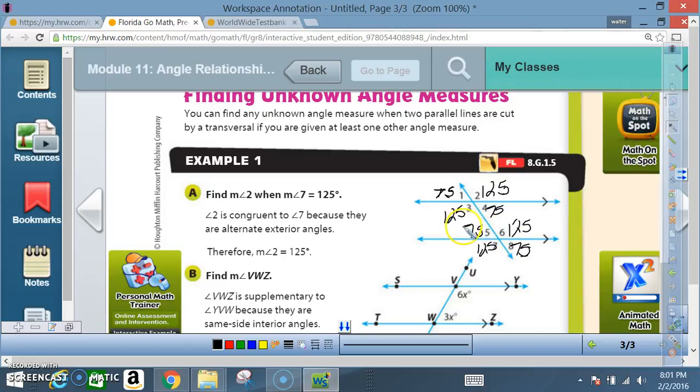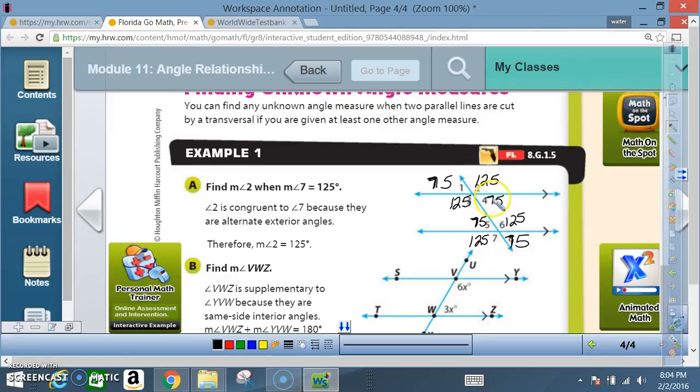Vertical angles. And then you look here, you can see that angle 4 and angle 5 are alternate interior. Angle 3 and angle 6 are alternate interior. Angle 2 and angle 7 are alternate exterior. Angle 1 and angle 8 are alternate exterior.